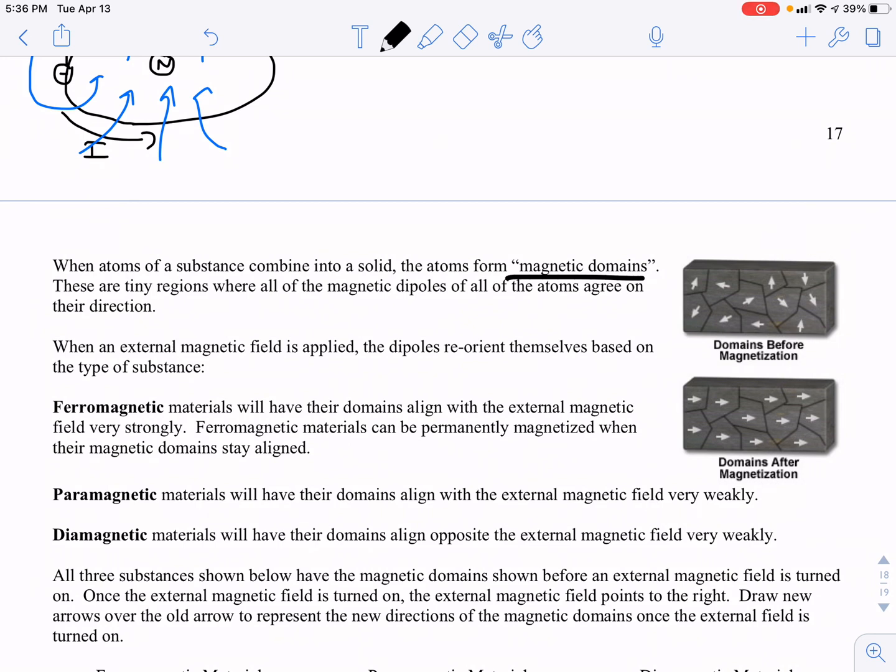Magnetic domains are tiny regions of a magnet made up of groups of atoms, where all those atoms agree on the direction in which the magnetic field applies. So let's say you have some object, any object, doesn't matter what it is. The magnetic domains are going to be very randomized, all sorts of directions.